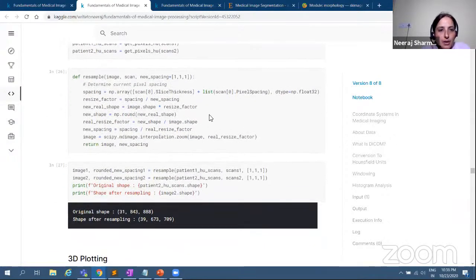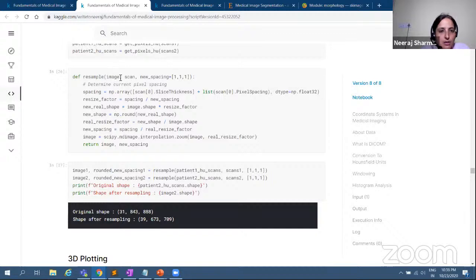So this is the existing spacing: slice thickness and pixel spacing, the three values in the spacing. This method takes the image and the scan.